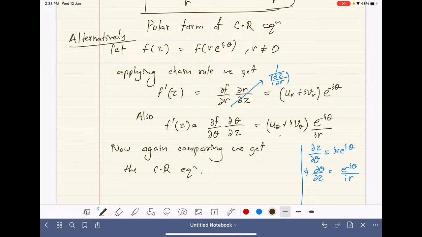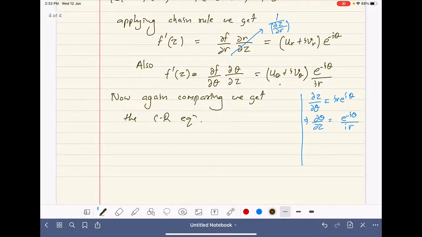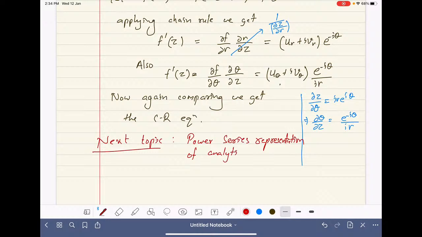The next topic is power series, the series representation of analytic functions.